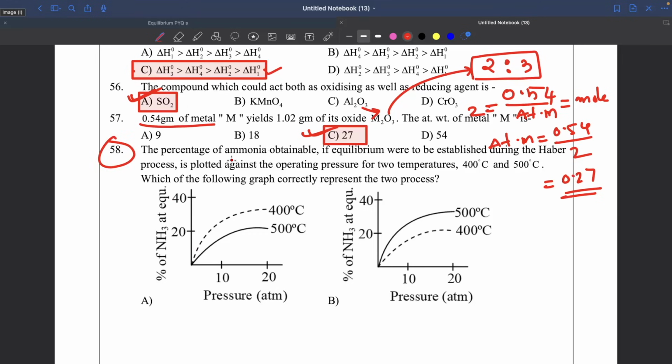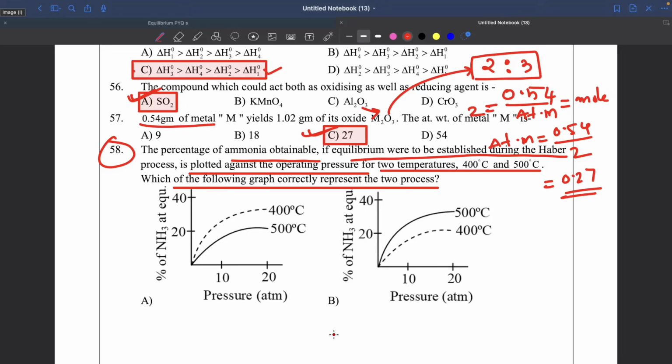The percentage of ammonia obtainable if equilibrium were established during the Haber process is plotted against the operating pressure at temperatures 400 and 500 degrees C. Which of the following graphs is correctly representing the two processes? We know that Haber's process is an exothermic reaction.